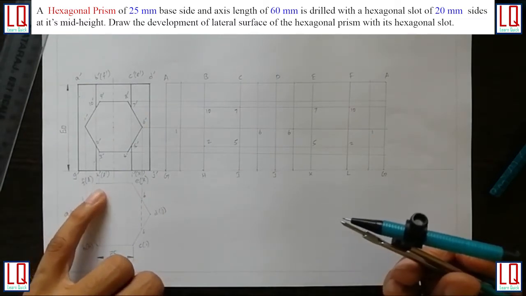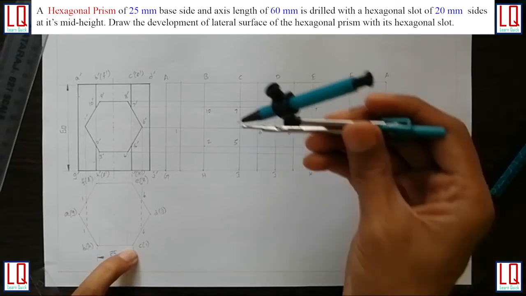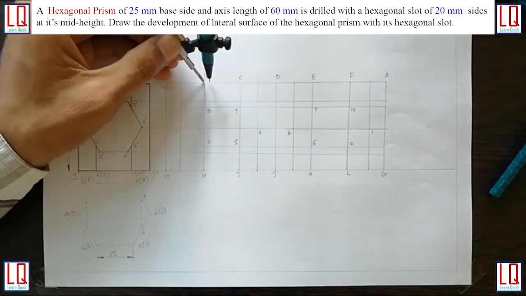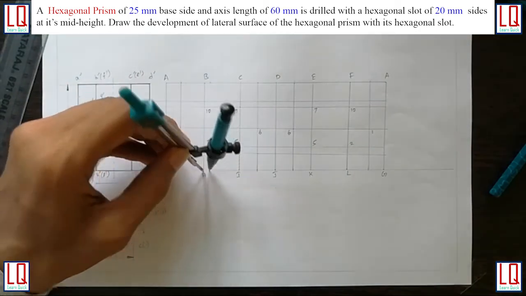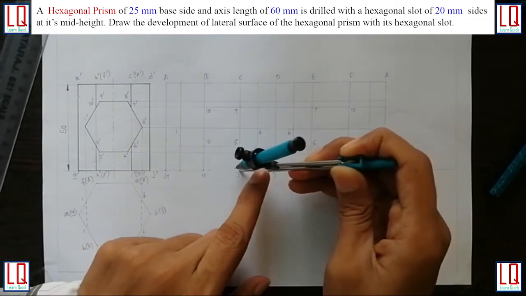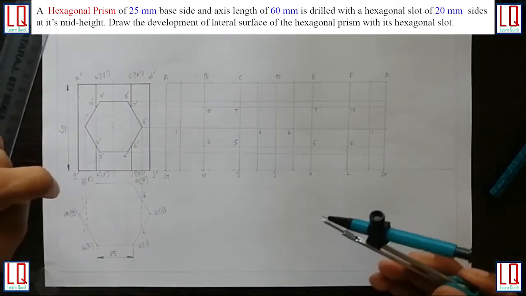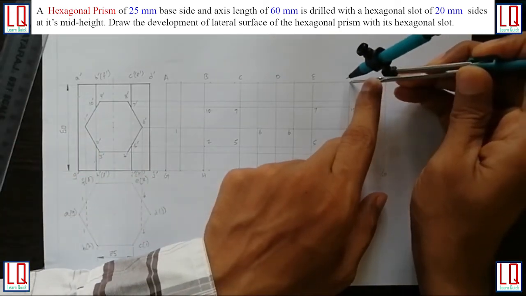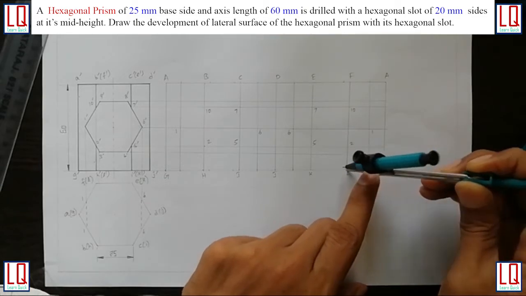It is between points B and C. So between B and C I will mark. Similarly these 2 points are available between F and E. So between F and E I will mark these arbitrary points.